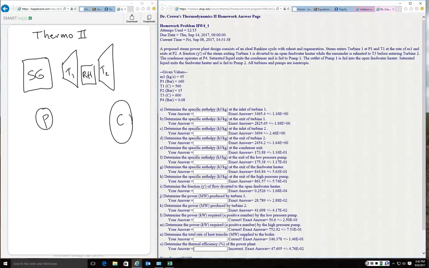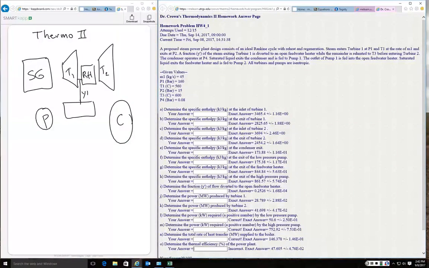So we're told that a fraction of the steam exiting turbine 1 is diverted to an open feed water heater while the remainder is reheated. So some of this goes to reheat and some of it gets diverted. We're told the fraction is Y prime, and we have a feed water heater, and we're told that it's an open feed water heater, so this flow will go right in and mix with other flows that come in.